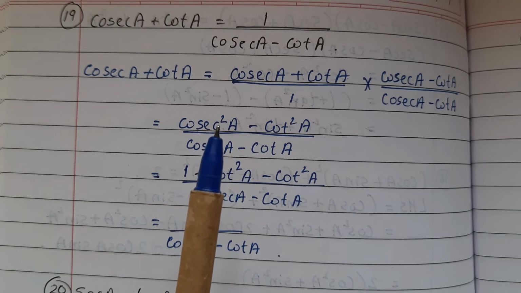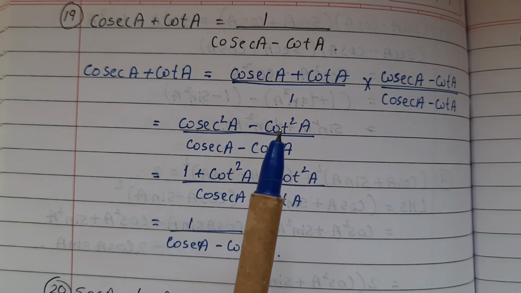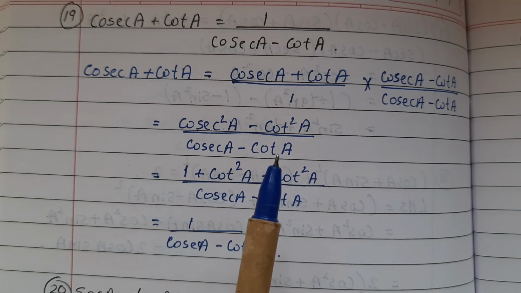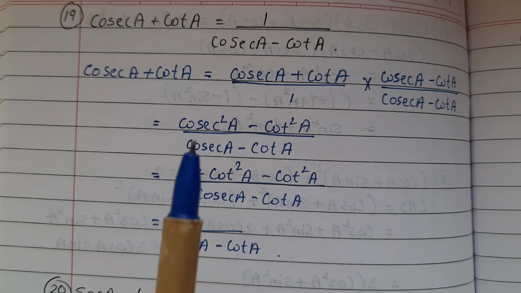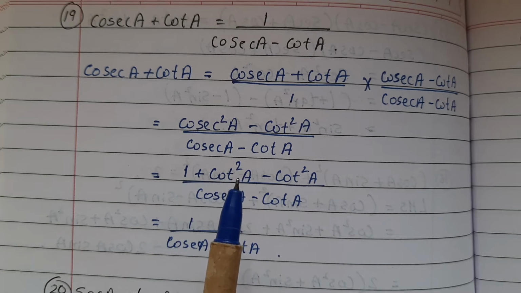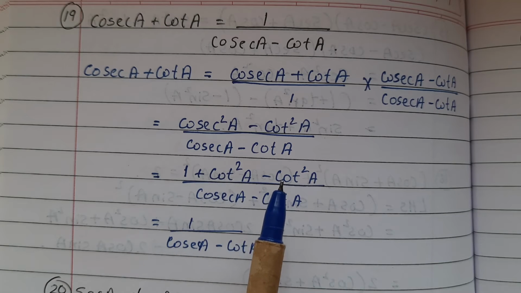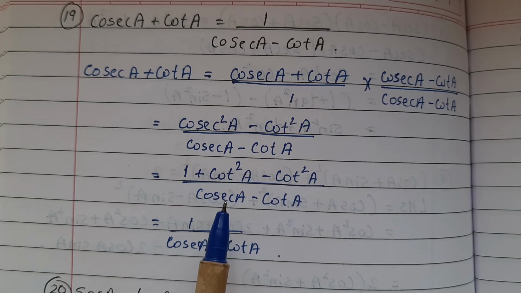Cosec square A minus cot square A upon cosec A minus cot A. Cosec square A is 1 plus cot square A. So we will write here 1 plus cot square A minus cot square A upon cosec A minus cot A. This cancels each other. Therefore, we get 1 upon cosec A minus cot A.